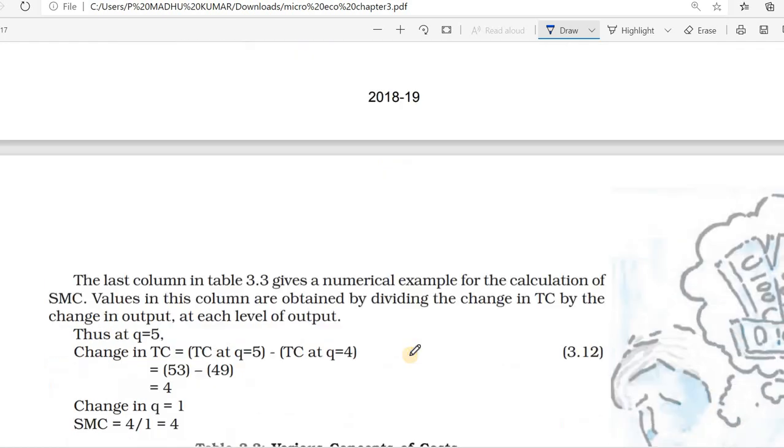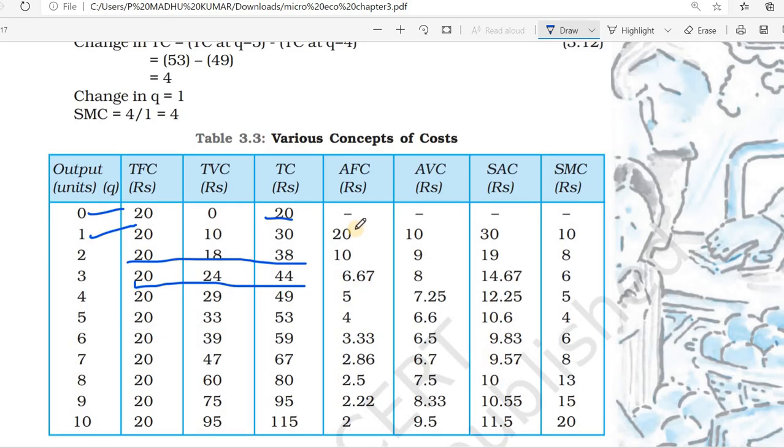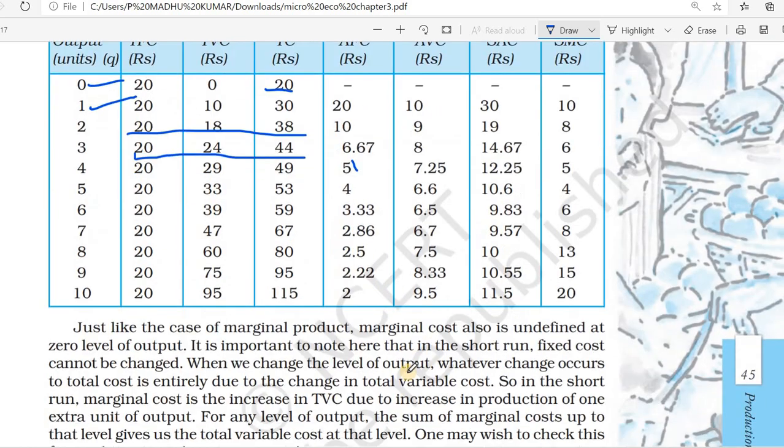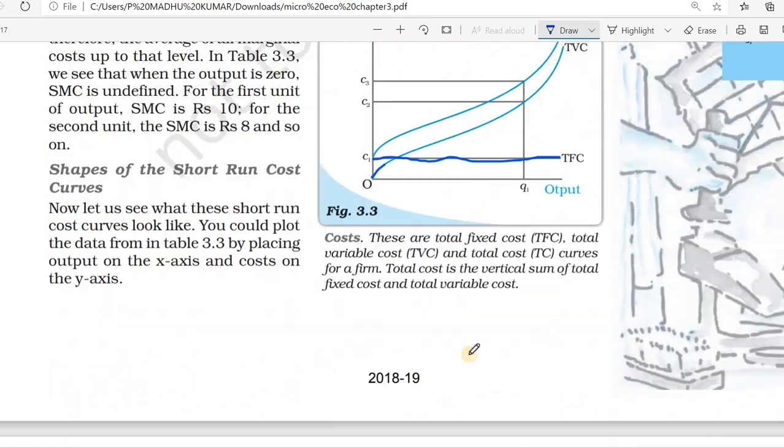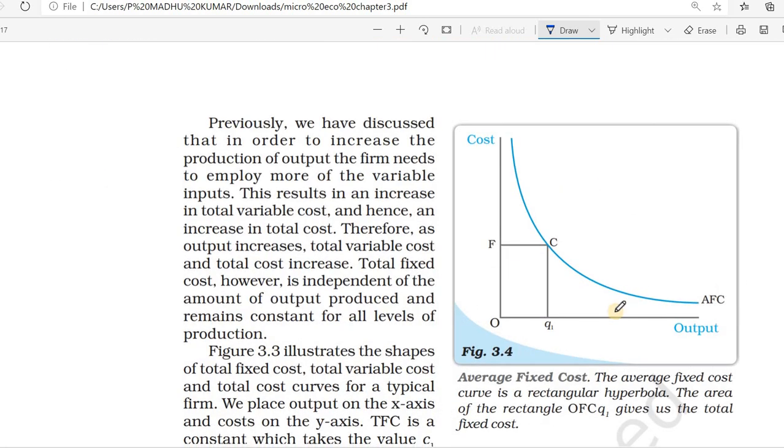See here in this table we have average fixed cost: it is 20, 10, 6.7 and 5, 4, 3.3. First it is 20, 10, like that it is decreasing. Then after that it reaches 5, 4, then it reaches 2. That is the reason it is a rectangular hyperbola.